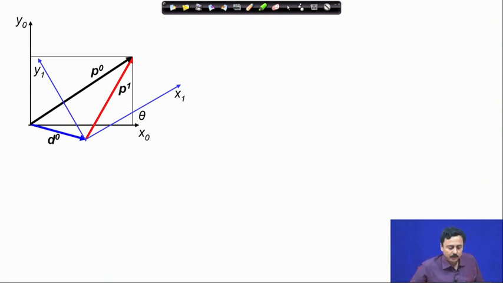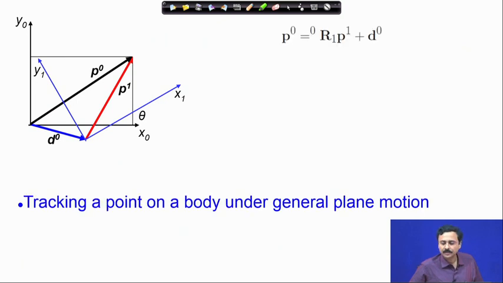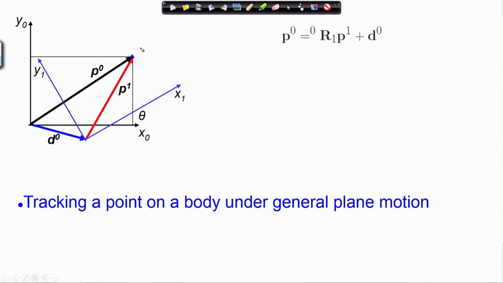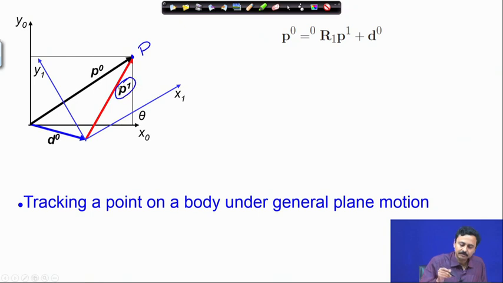Here I have shown the process schematically. We are tracking this point P under general motion. In the body fixed frame, the vector representation is P 1. P 1 is the representation of P in x 1 y 1.